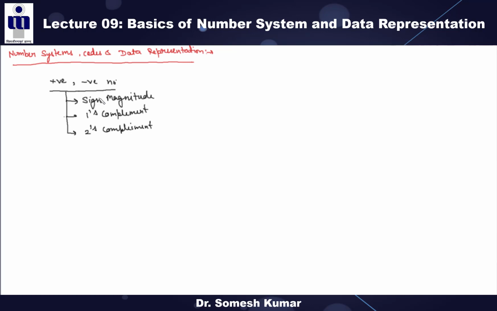One is your sign magnitude, second one is your 1's complement, and the third is the 2's complement. Maybe some of you are familiar with complements, 1's complement, 2's complement, 7's complement and so on, right?